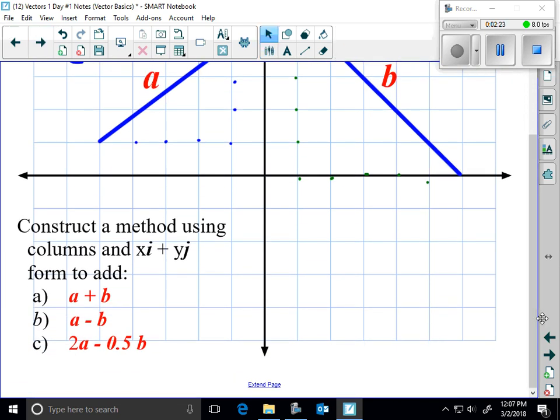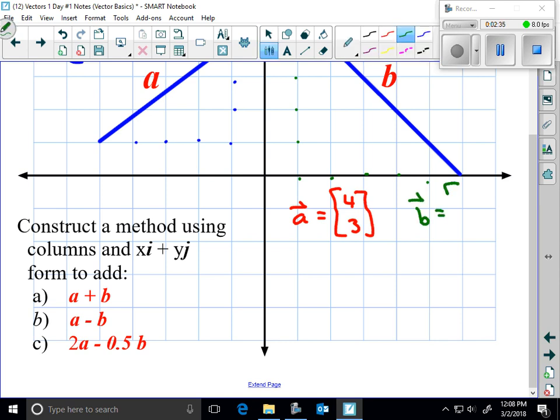Okay, so let's do a little bit of work with these items. Let me remind myself, A was, I like column vector form, 4, 3, and B was -5, 5. If I want to take A and B and add them together in part A, I add their coincident components. What does that mean? I add together the items that are alike.